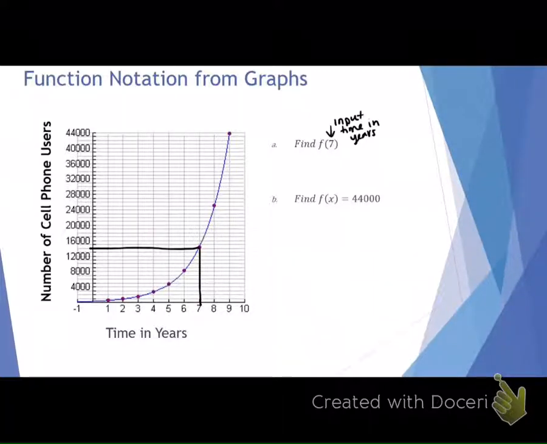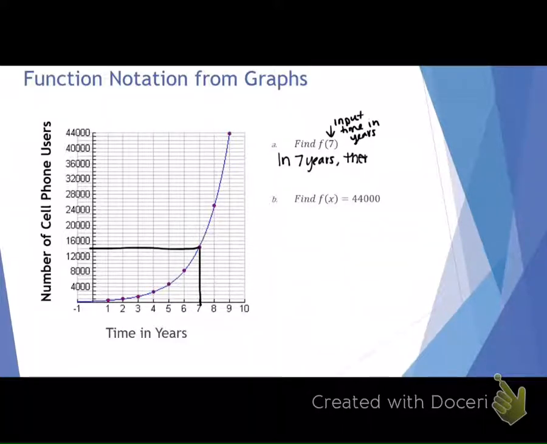Is that at an exact 14,000? No, so we're going to use the word about. So in 7 years, there will be about 14,000 cell phone users.